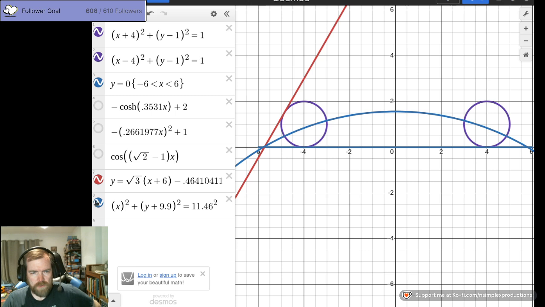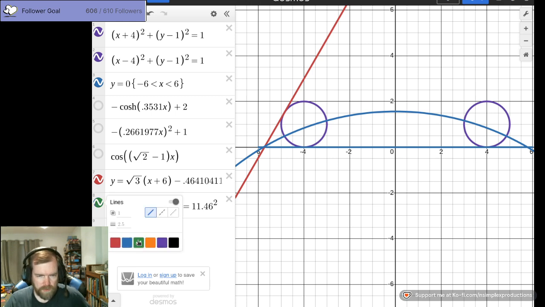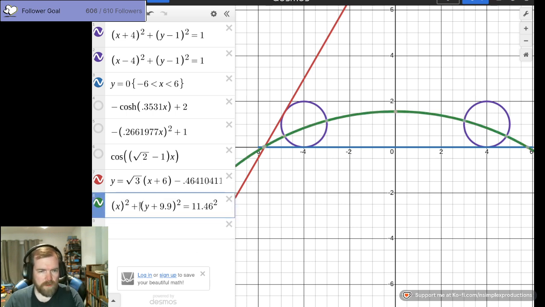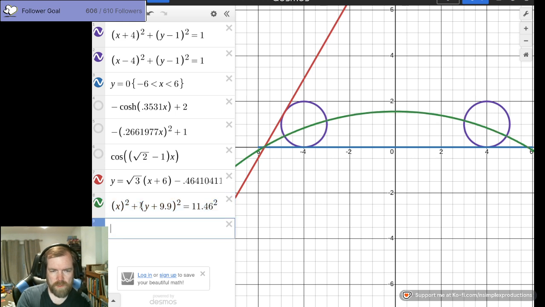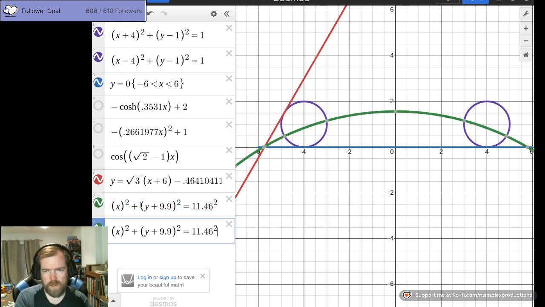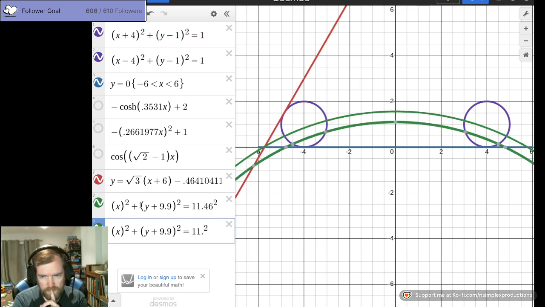Alright, so this is one example that was given, going to the corner of the triangle. The second choice was shrinking this distance until it reached tangent with the circle. That's not actually true.